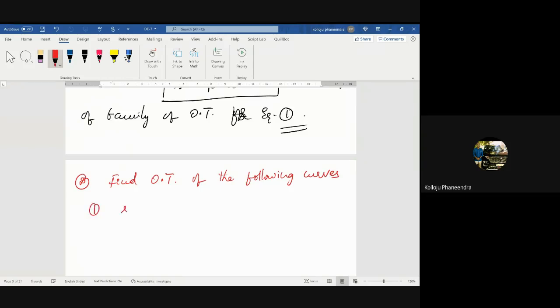First one, r equal to c into cosecant theta plus cot theta. Next, r equal to c into 1 plus cosine theta. Next, r equal to 2c by 1 minus cosine theta.